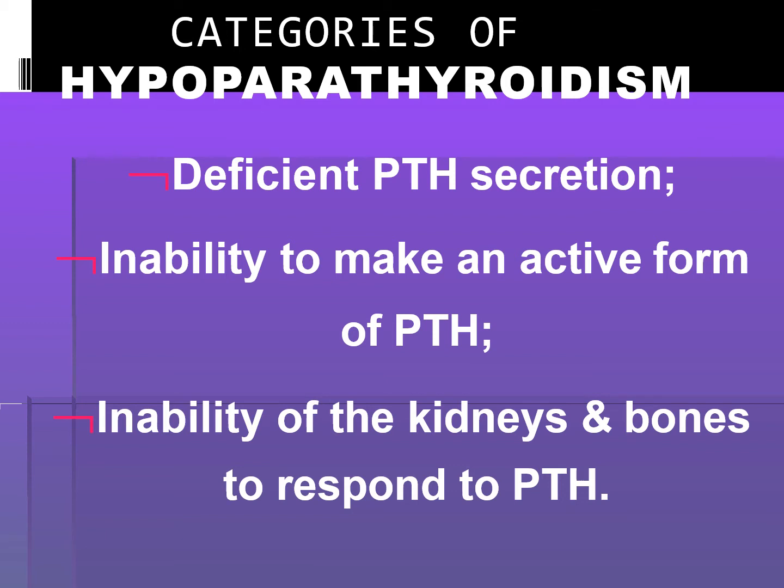Hypoparathyroidism may be due to deficient parathyroid hormone secretion by the gland, or inability to make an active form of the parathyroid hormone, or it may be due to the inability of the kidneys and bones to respond to parathyroid hormone.